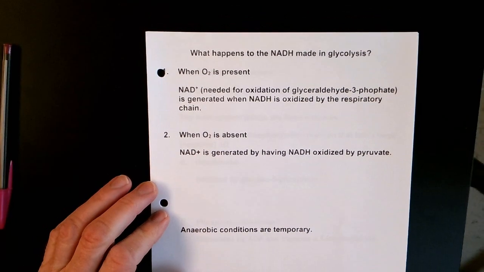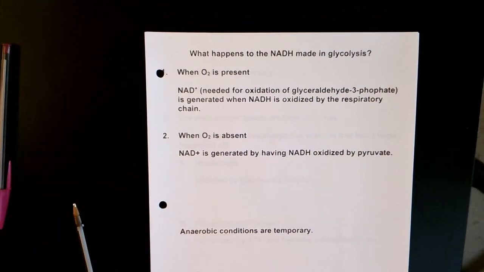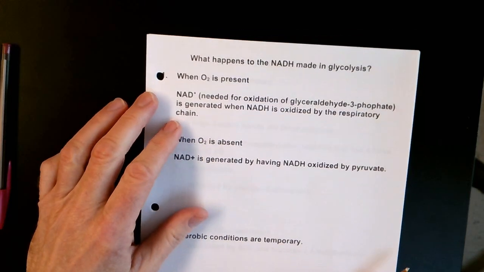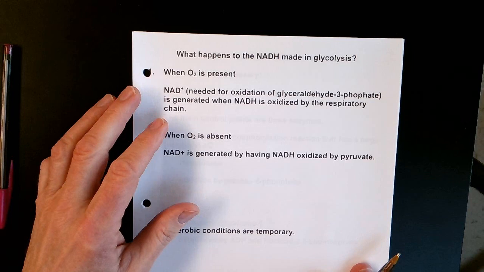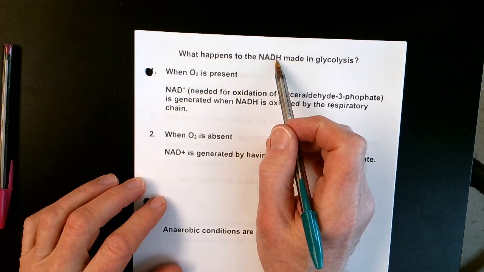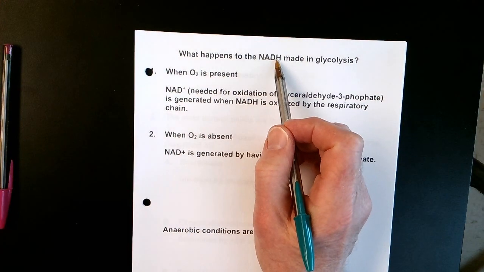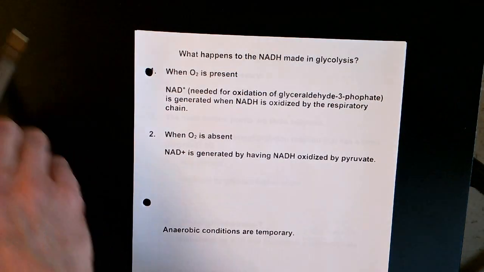Now, I understand that as you learn these reactions, it's awfully easy to get to thinking that the point of the whole thing is to transform glucose from 6 carbons into 2 3-carbon pieces. That does happen, but that's not the goal. The real gold is what happens to the NADH that gets made in glycolysis. We'll step back through it one more time and kind of pinpoint that.